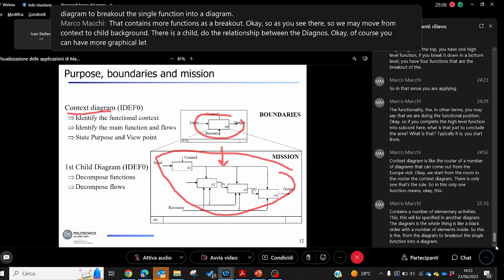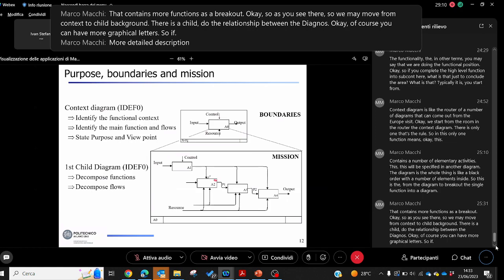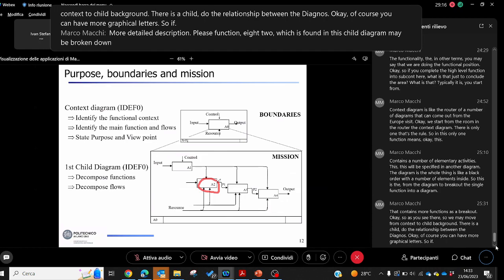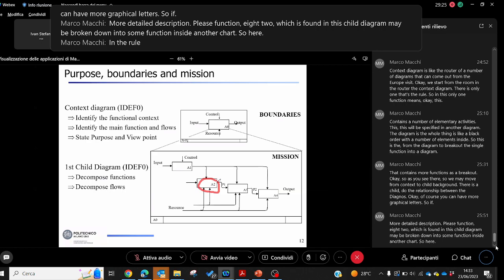So if you need a more detailed description, this function A2, which is found in this child diagram, may be broken down into some functions inside another child diagram. So you have this here. Clear? In the roots, there is a system for indexing the different activities: A0, A1, A2.